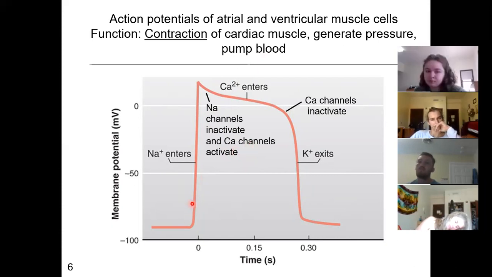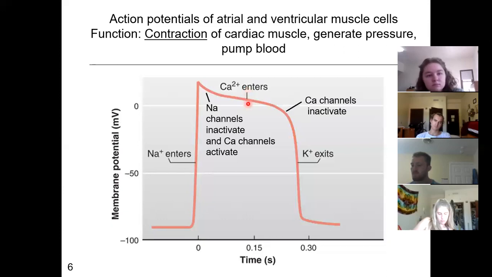The depolarization that was triggered by voltage-gated sodium channels opens voltage-gated calcium channels and calcium flows in. Calcium influx is what triggers the contraction of the heart muscle cells.